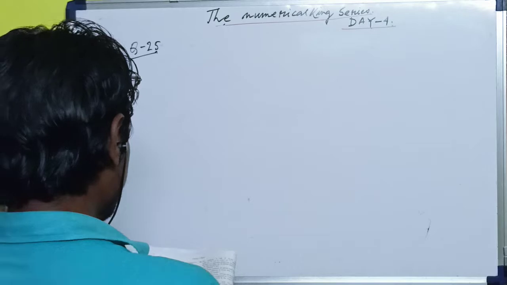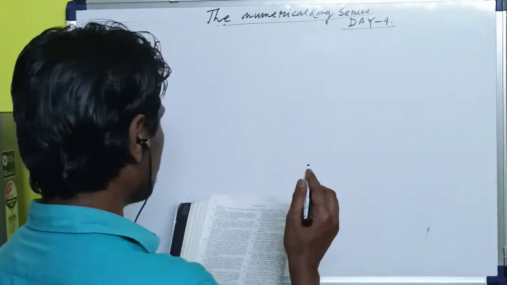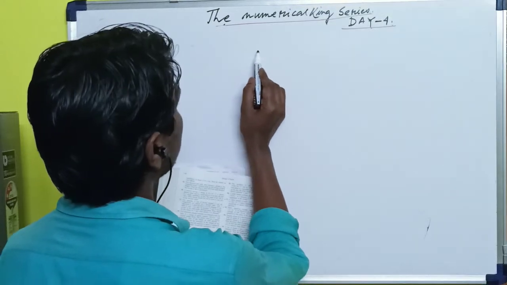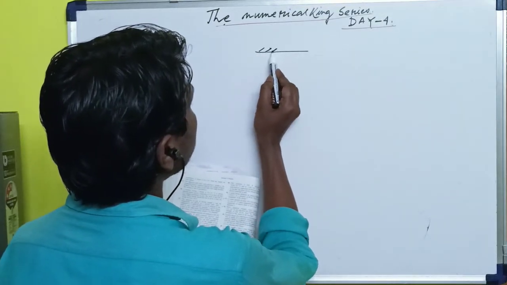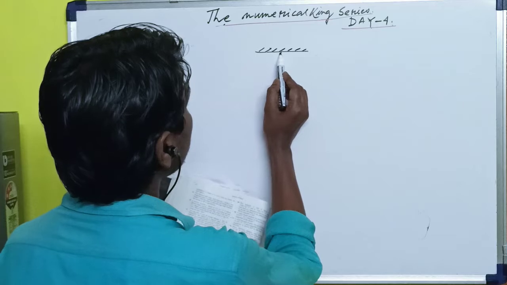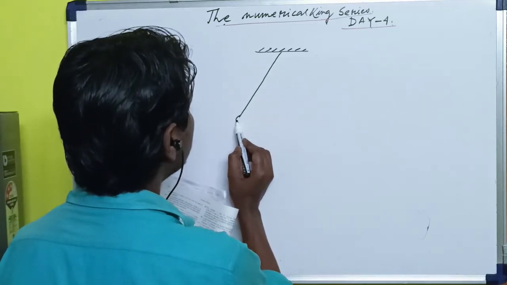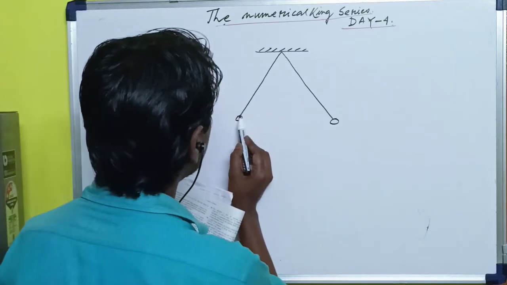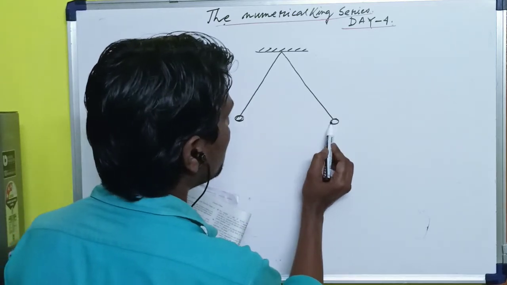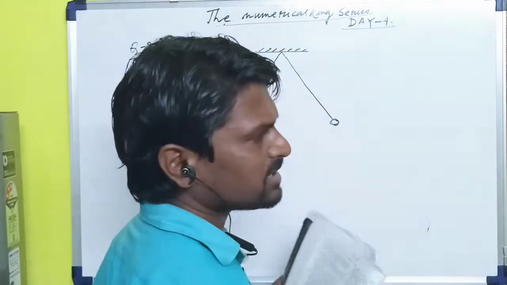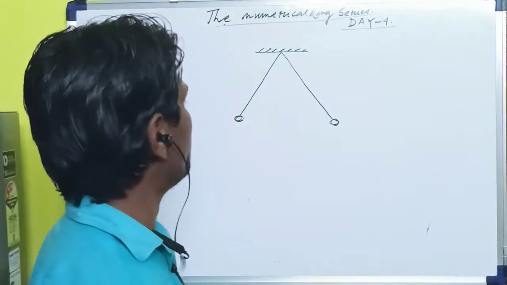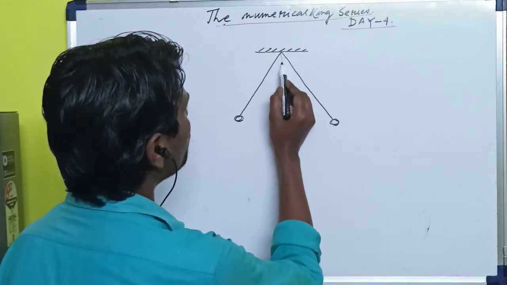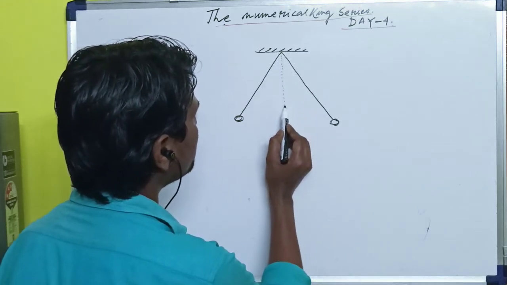Two identical pith balls, each carrying a charge small q, are suspended from a common point. So what is a pith ball? We assume that this is a very light ball, and this is a very light ball, and they are suspended from a point.